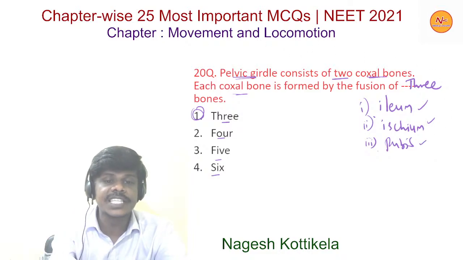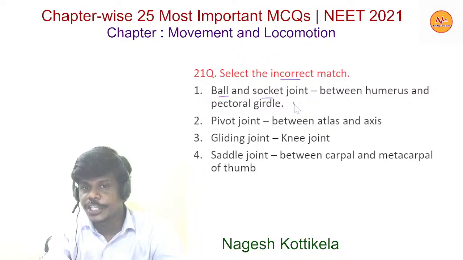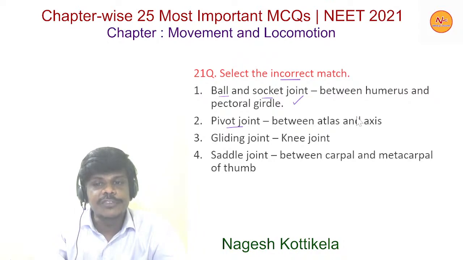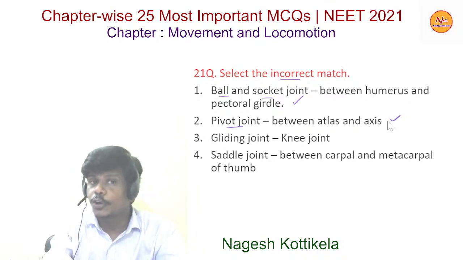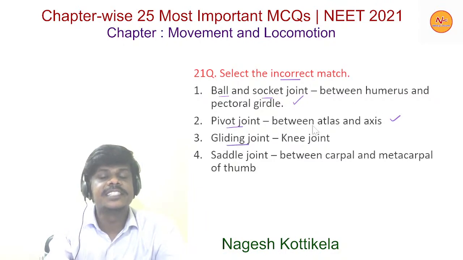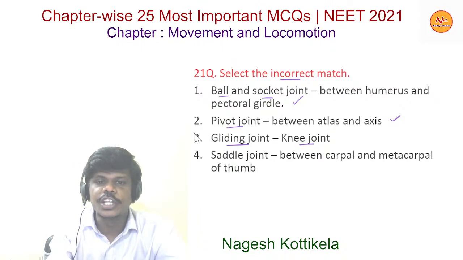Now moving to the next question, select the incorrect one. Now the second, pivot joint, it is between atlas and axis. This is the right option. Now moving to the third, gliding joint, example knee joint. This is the wrong one.